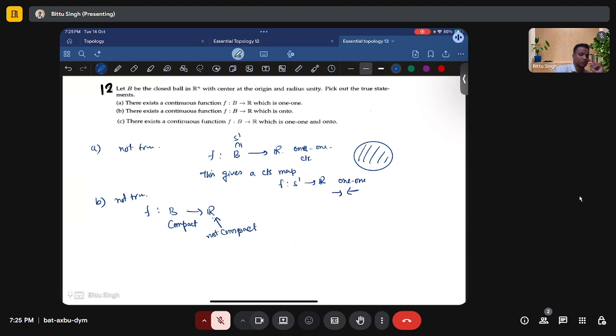We know a continuous function always sends a compact set to a compact set. So the image f of B should be compact. But R is not compact, so it cannot be onto.